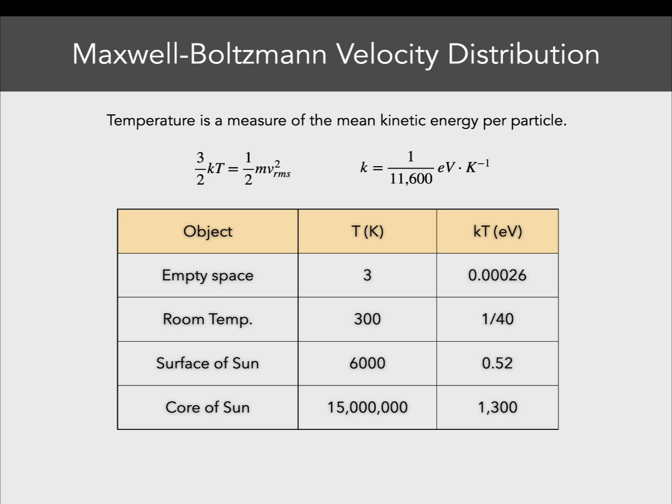In empty space that has a temperature of 3 Kelvin, we'll talk about that later in the class, every particle has very little energy, less than 1,000th of an electron volt, if it's in thermal equilibrium. So these correspondences are really useful to keep in the back of your mind when we're working on problems in this chapter.